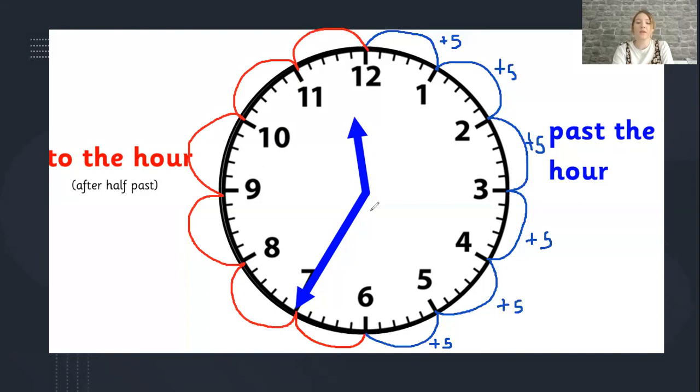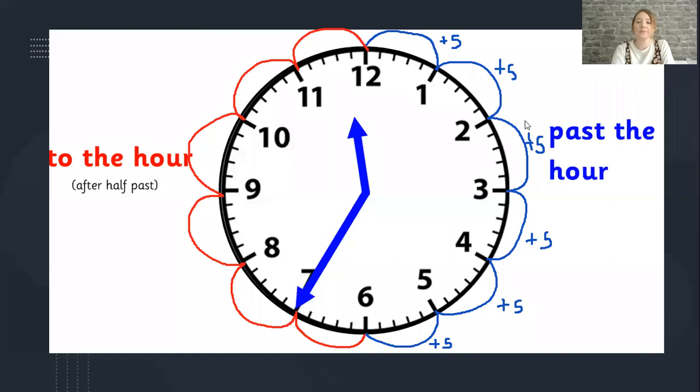Again, 5-minute intervals. So you've got 5 past, 10 past, quarter past, 20 past, 25 past, half past, 25 to, 20 to, quarter to, 10 to, 5 to, and o'clock when you get back to the 12.